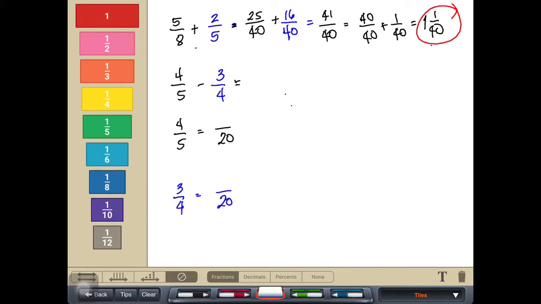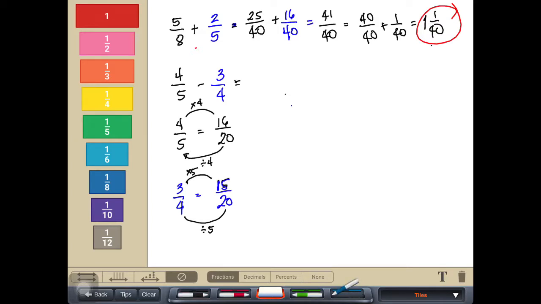So let's start first with 4/5. You can do also 20 divided by 5. 20 divided by 5 is 4. Then I multiply this by 4, so that would be 16. Same thing here. 20 divided by 4 is 5. So I can put here divided by 5 and then multiply this by 5. And this one will be 15. Now, sorry, this should be blue.